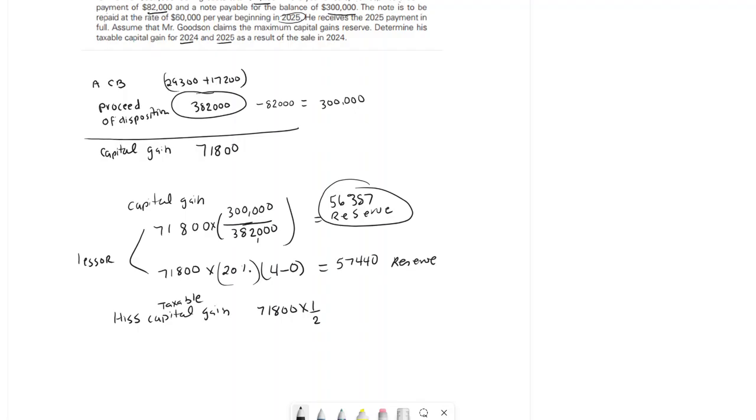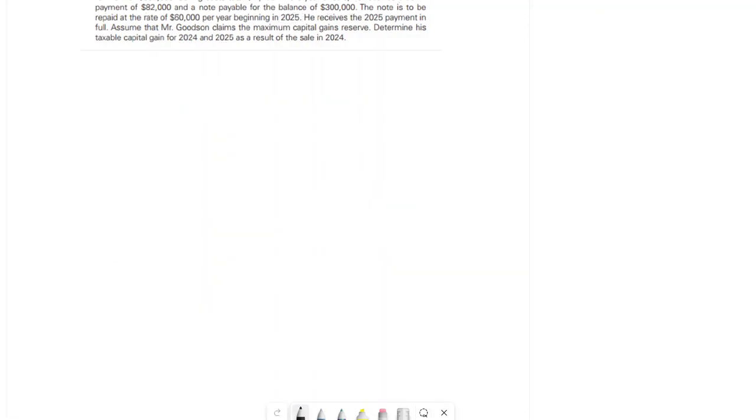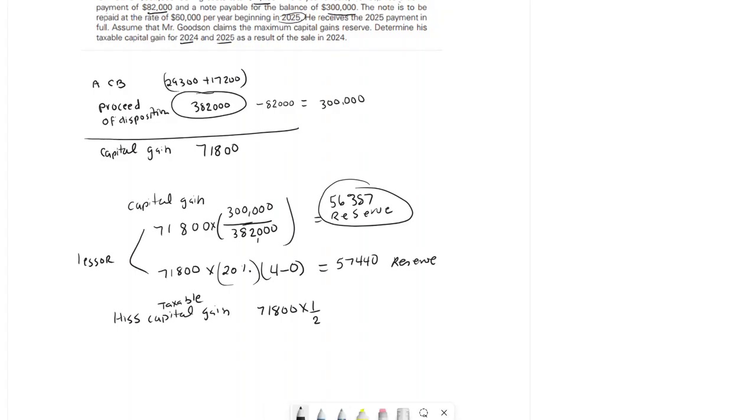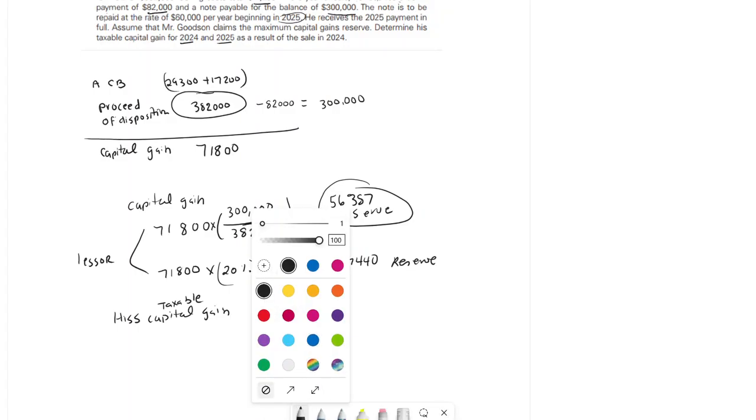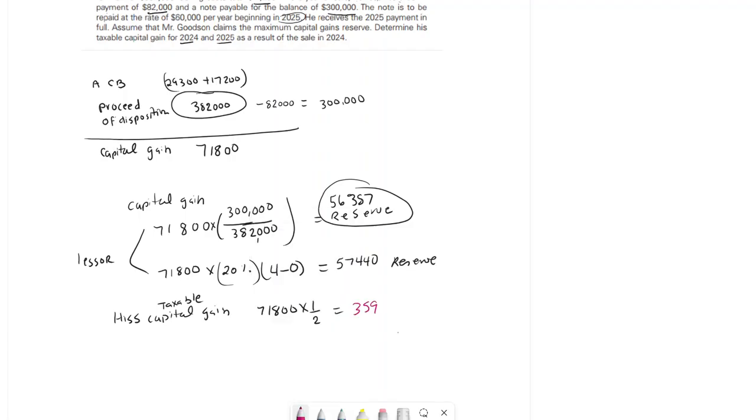And then minus, I'm just going to use my phone to calculate my numbers. 71,800 multiplied by 1 divided by 2. So my taxable capital gain becomes 35,900.